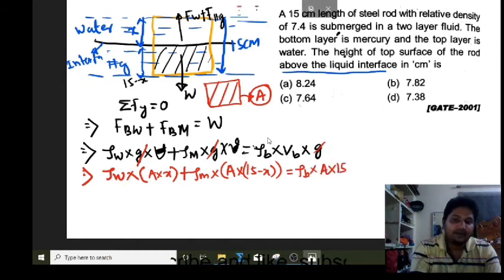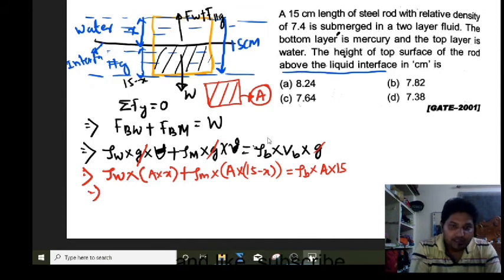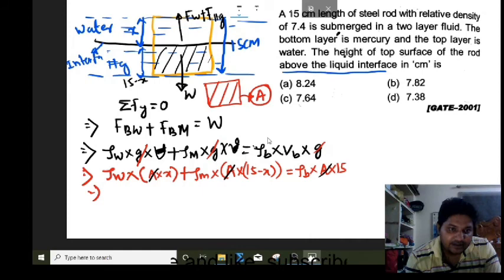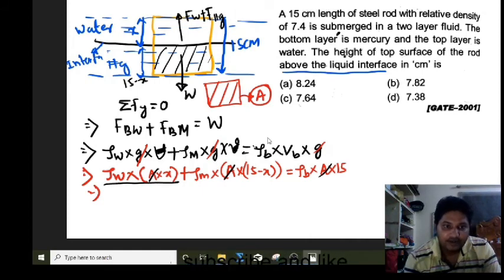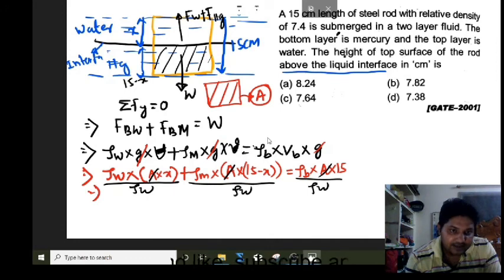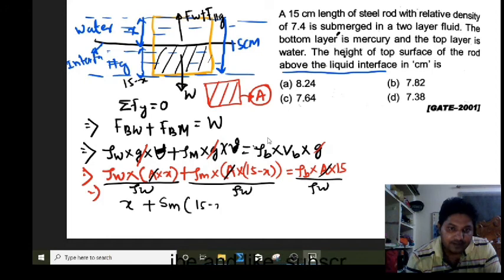Now you see the area is cancelled on both sides. Now the final equation is there. If I divide everything by the density of the water, this equation is converted into x plus the specific gravity of the mercury into 15 minus x, equal to the specific gravity of the body into 15.